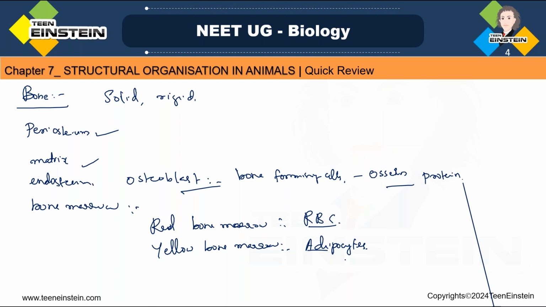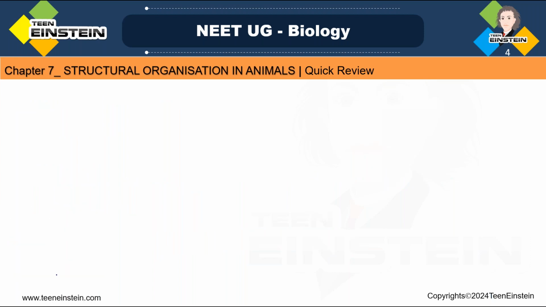Okay, and another type of connective tissue, that is vascular connective tissue. So now we have learned about supportive connective tissue. Next type of connective tissue, that is vascular connective tissue. The third type is vascular connective tissues. And from this topic also many questions have come in the previous year papers.